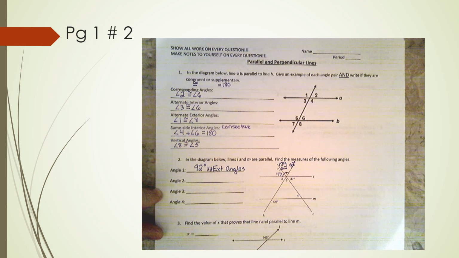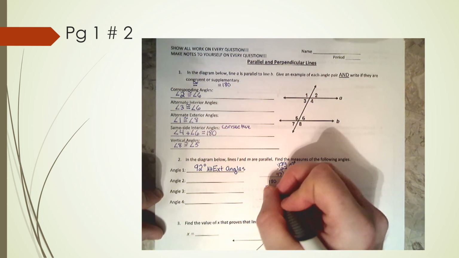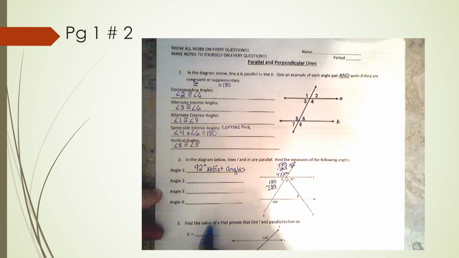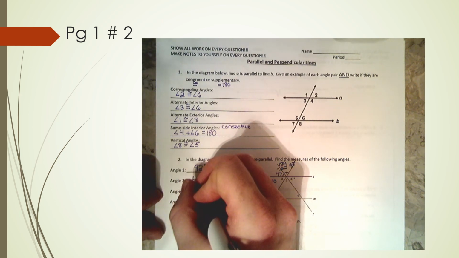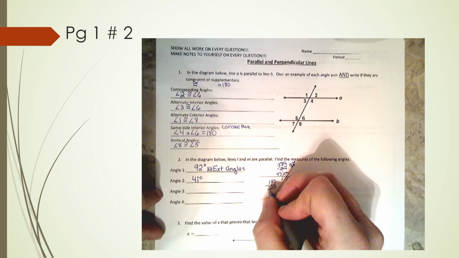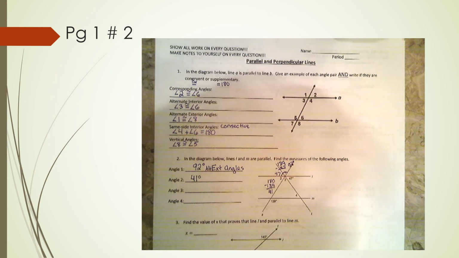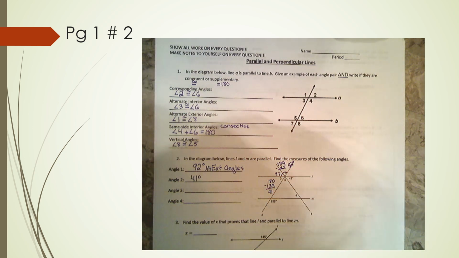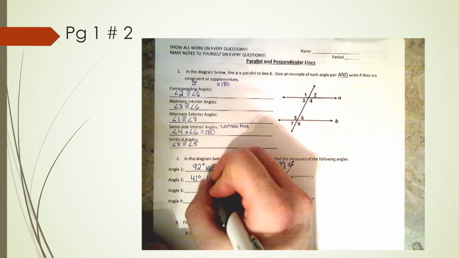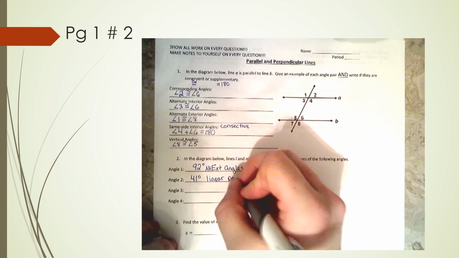So if I did 180 minus 139, I would be able to find angle 2. So that would mean angle 2 is 41 degrees. So I knew that because I saw a straight line. So if I did this angle here and this one, those two angles together form a linear pair, which has to equal 180 degrees.